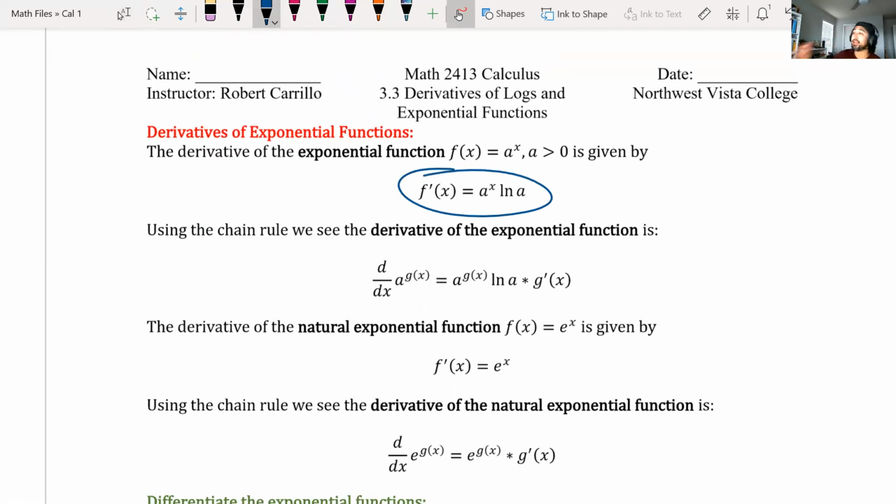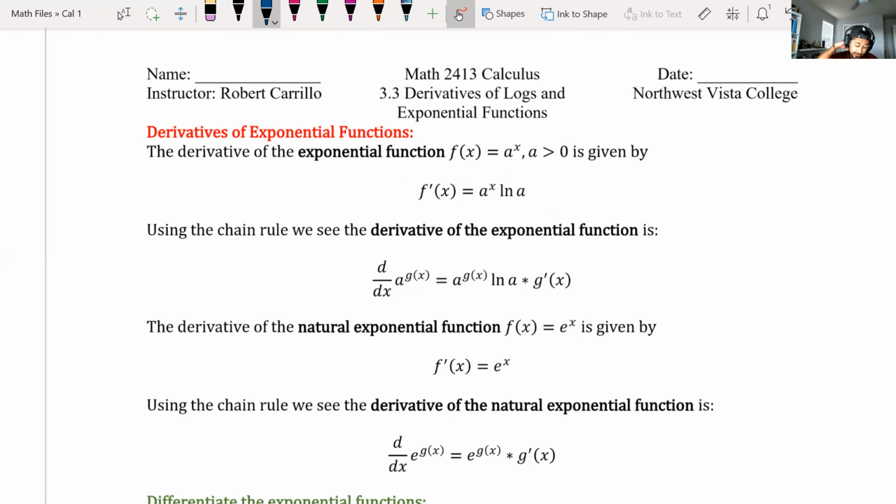And then the chain rule derivative is the derivative of a to the g of x is a to the g of x times the natural log of the base a times the derivative of that exponent. There's no other pretty way to write that.